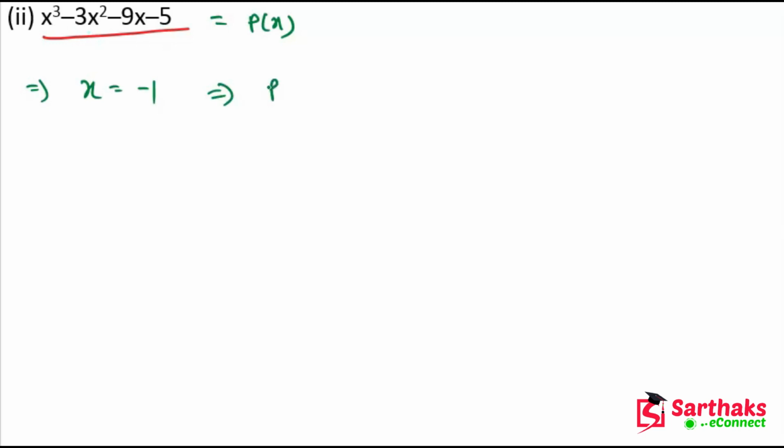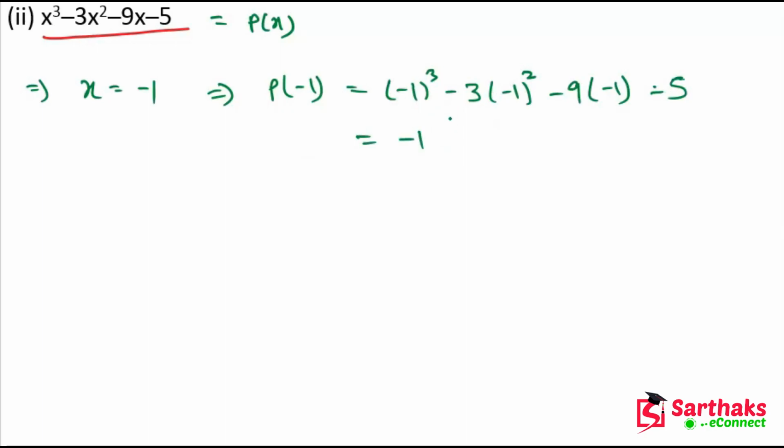So now my dear friends, we have to find p of -1, so we get -1 cube minus 3 into -1 square minus 9 into -1 plus -5. Okay, so this will give -1, and here is -3, here is plus 9, and this is -5. I hope you get this point. After solving this, -9 plus 9, so this will become 0.